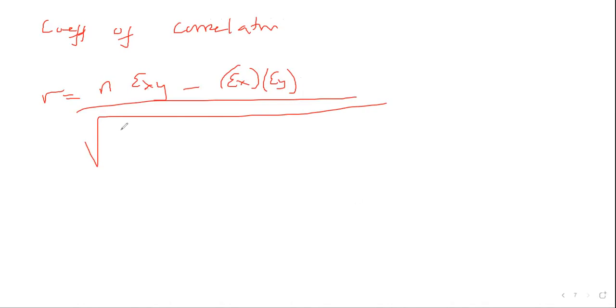The variation in x is simply found as follows: n summation of x squared minus summation of x to the power 2, this one multiplied by n summation of y squared minus summation of y to the power 2.